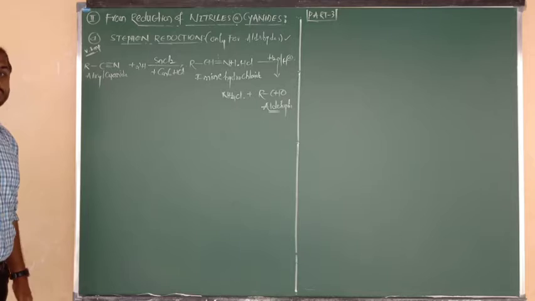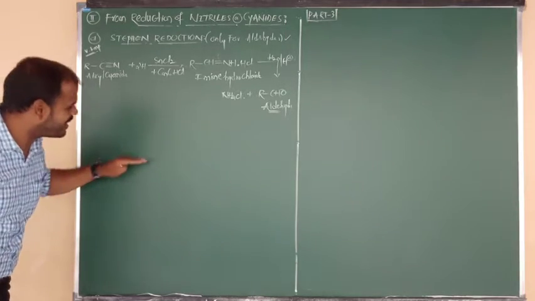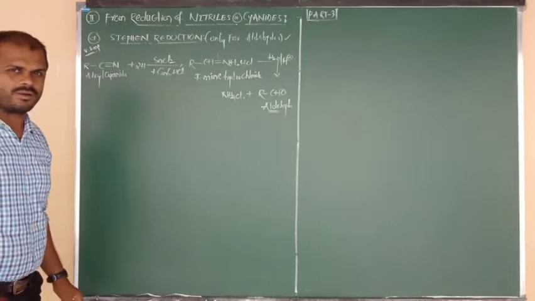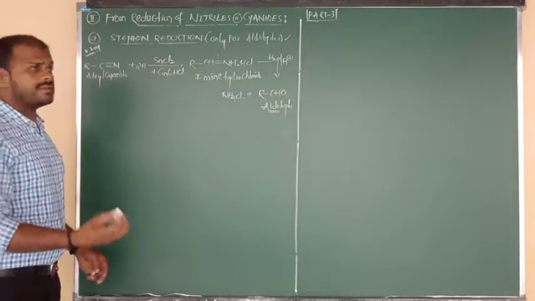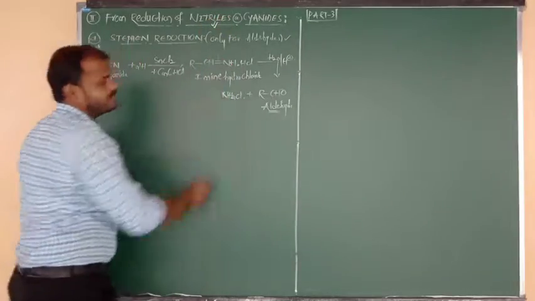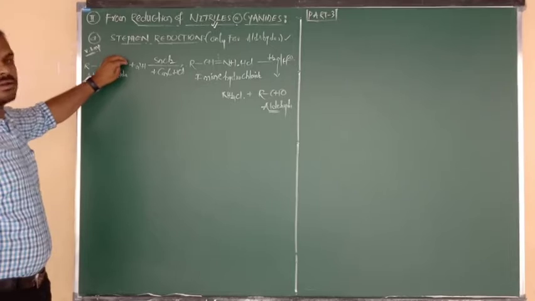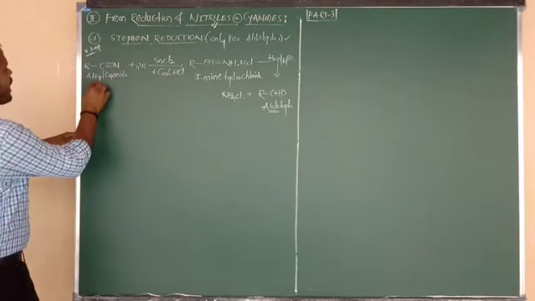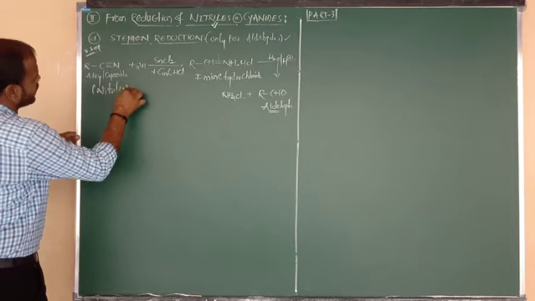Once again, I am going to tell you the statement. After that, by using the above reaction, try to write 2 examples. Statement: alkyl cyanides, otherwise simply you can say nitriles. Don't get any confusion. Cyanides are nothing but what, beta? Nitriles.